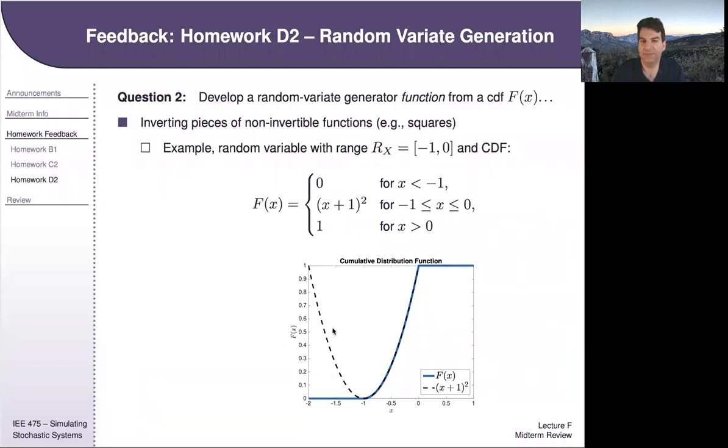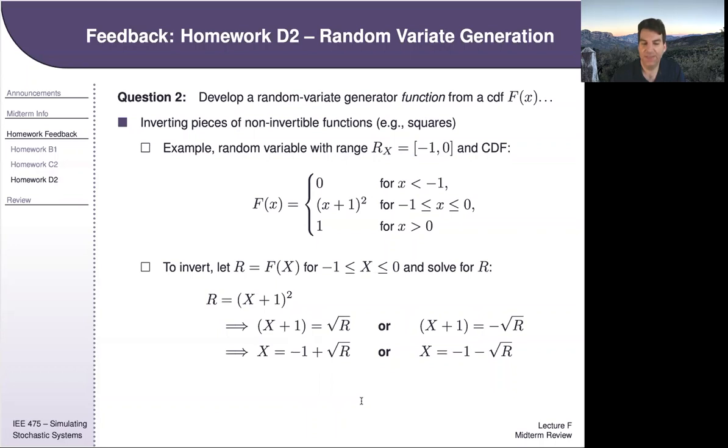When I take the inverse, mathematically, I need to make sure that I pick the right-hand side of the parabola and not the left-hand side. That's what you're doing when you choose the plus or minus when you take your square roots. For this one, I want to make sure that my range is between -1 and 0, which is the range of this variable, and not between -2 and -1.